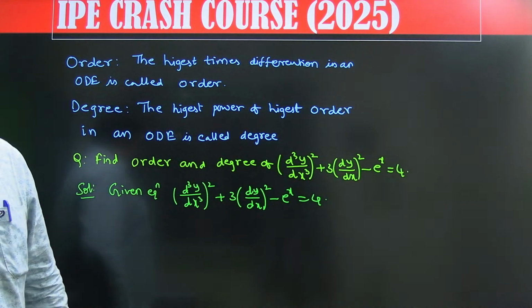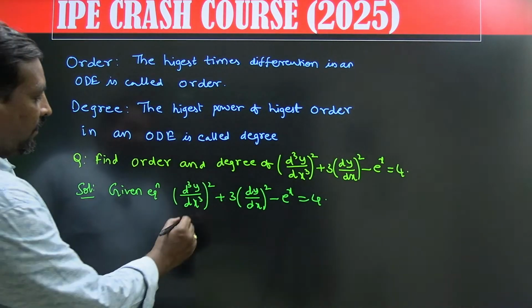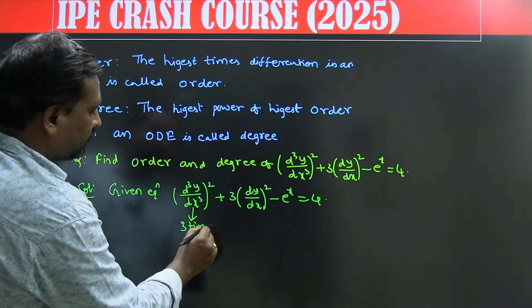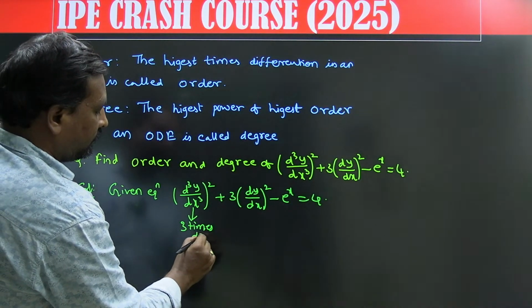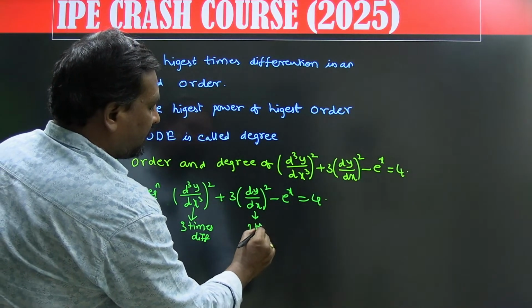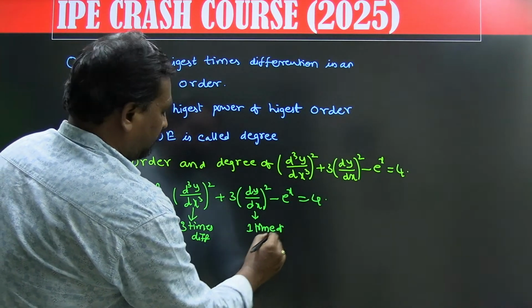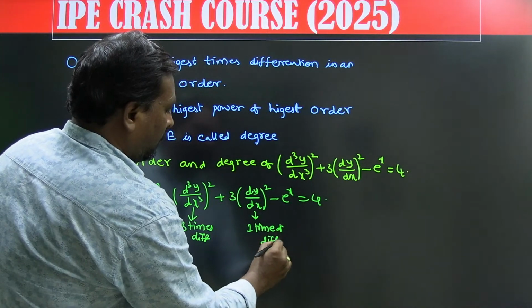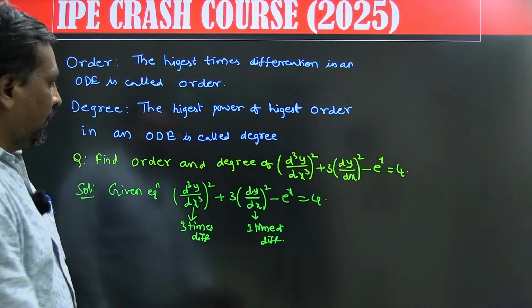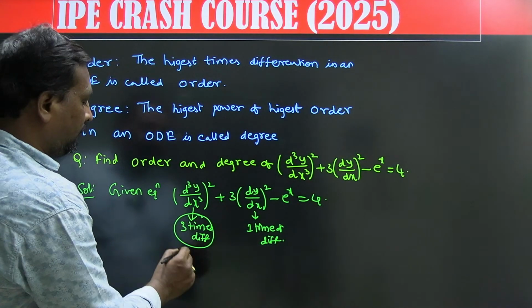So this is 3 times of differentiation, this is 1 time of differentiation, so this is the order.